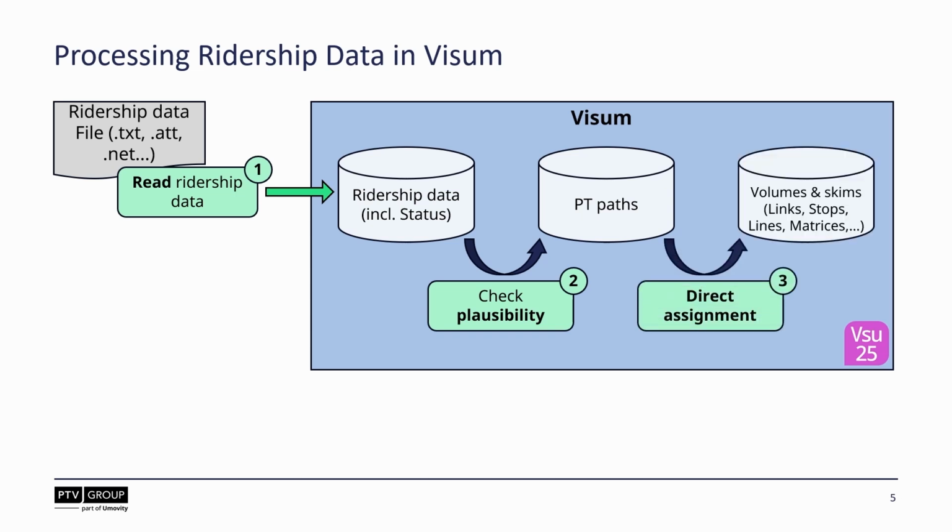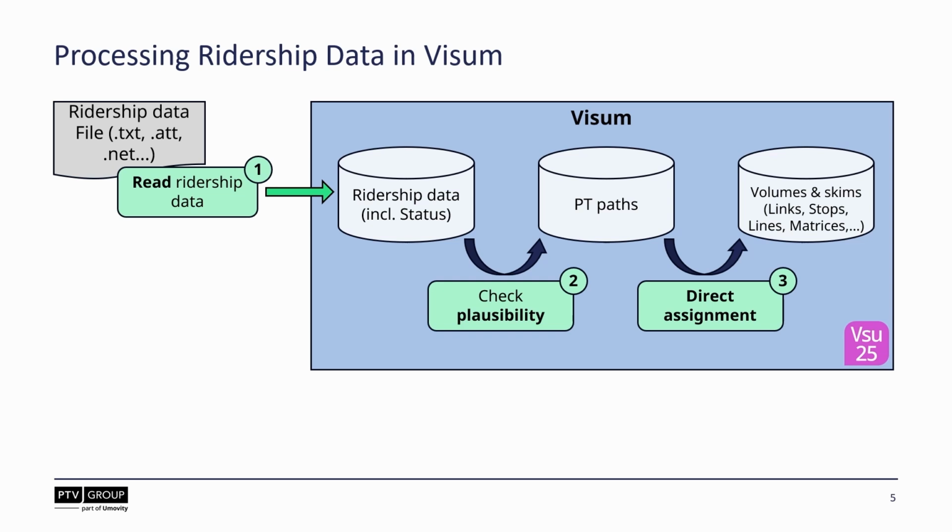Once the plausible paths are generated, Visum can assign these paths to the corresponding network objects, such as links, stop areas, and vehicle journeys, using the direct assignment procedure. This assignment allows us to perform any post-assignment analysis provided for public transport in Visum.